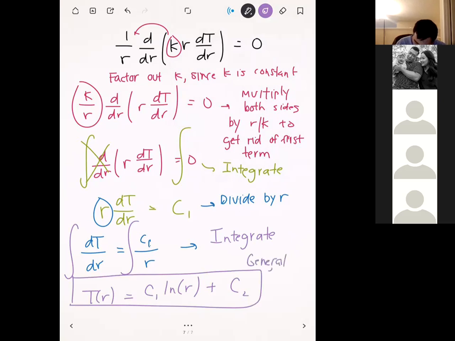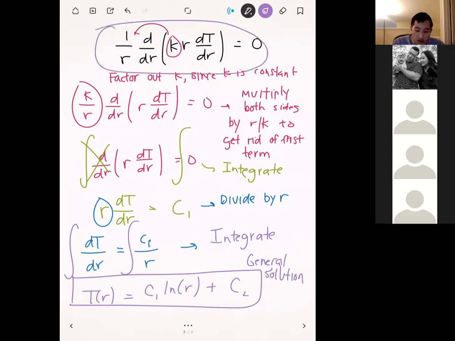I have a question about this integral. Sure. Because we're using cylindrical coordinates, don't we have to introduce an r dr from the Jacobian? Yeah, that's a good question. Normally you would have to do that if you're integrating on the surface. But in this case, we're just integrating r as if it's some dummy variable. We already accounted for that r dr by starting with something that's already in cylindrical coordinates.